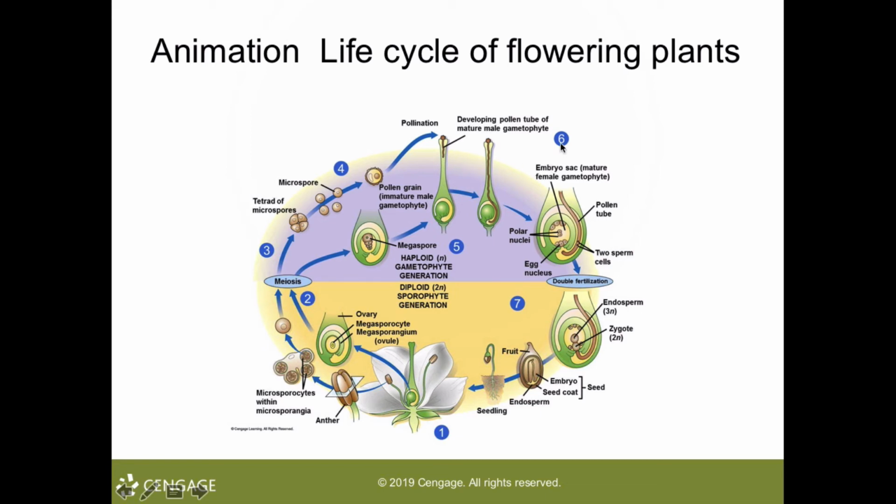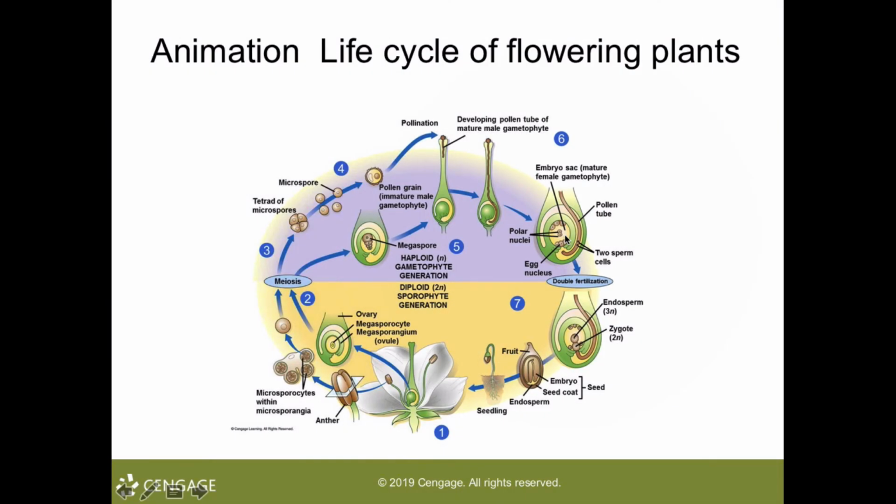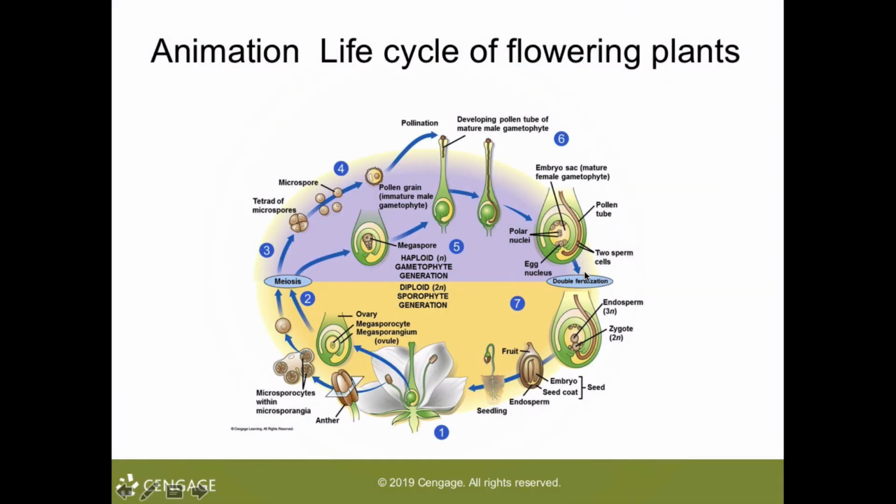As those two sperm cells arrive, they will continue down that pollen tube. There they are, two sperm cells. And by way of A, the egg nucleus, and B, those two polar nuclei, double fertilization occurs, going from what was once that haploid gametophyte generation to now being back in that diploid generation.